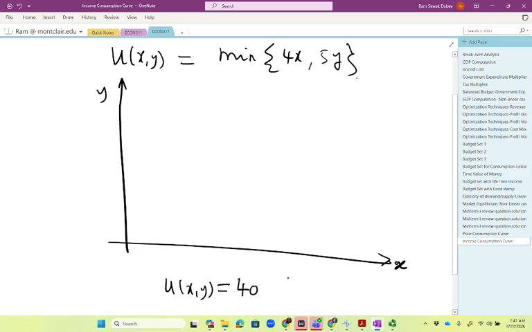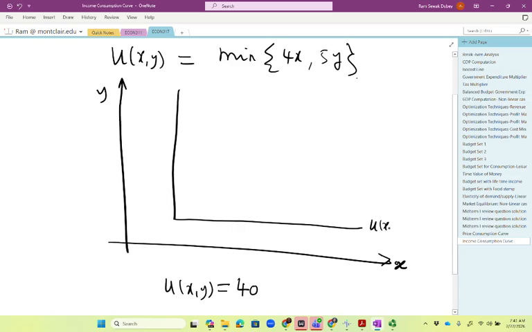For the Leontief utility function, the indifference curves are L-shaped, vertical and horizontal, and we have a kink at the point of intersection.